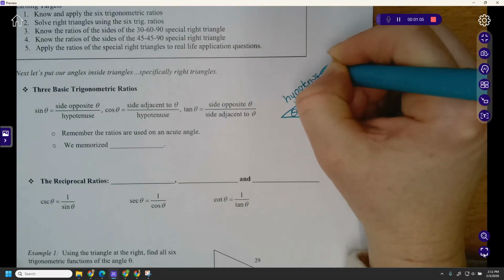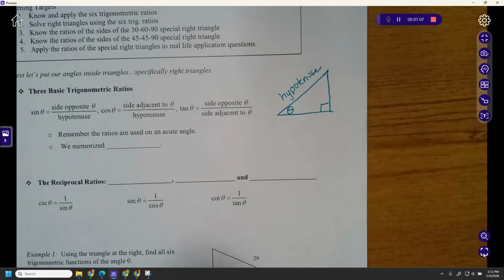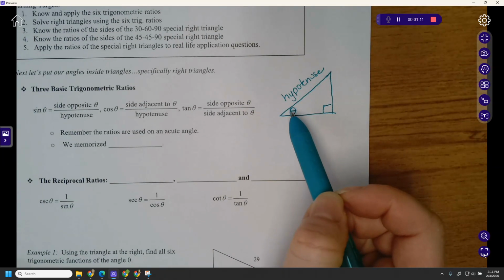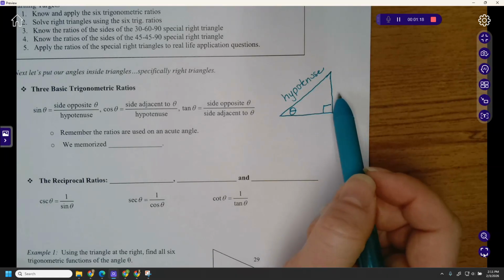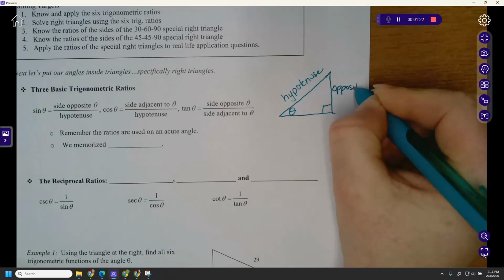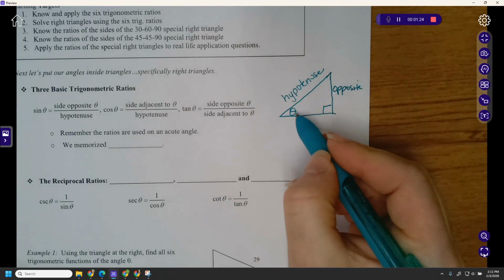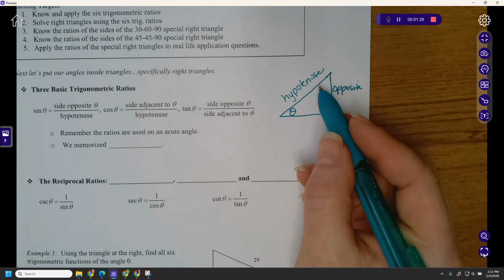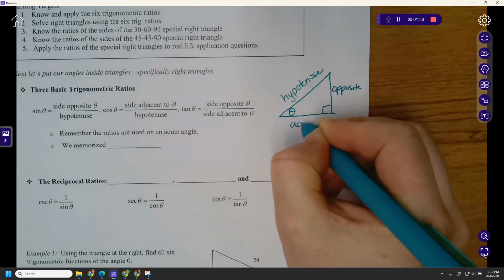You're going to see me abbreviate it as HYP today, or H. And then we have two sides, and the sides are in relationship to the angle. So in this particular case, this side here we would call the opposite side, because it's opposite the angle that I'm given. Again, if I was talking about the angle up here, it would be different, okay? And this side would be adjacent to theta.